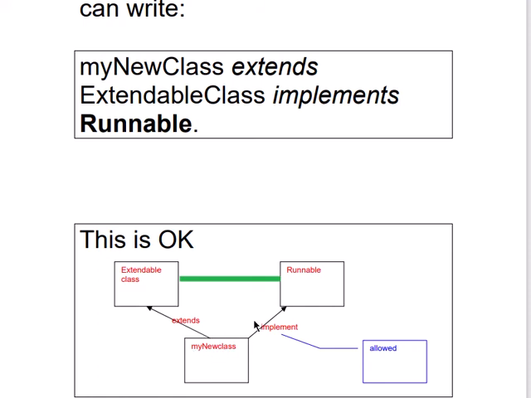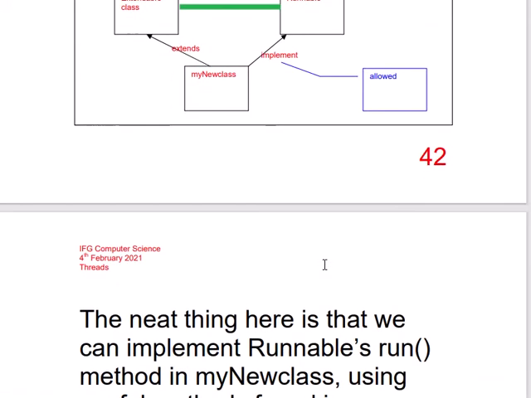What I can say is my new class extends, it's a subclass of Extendable class, and because I'm defining a run method here, I'm actually implementing the abstract run method I find in the Runnable interface, which I've just spoken about. So just a tiny bit more work to do.